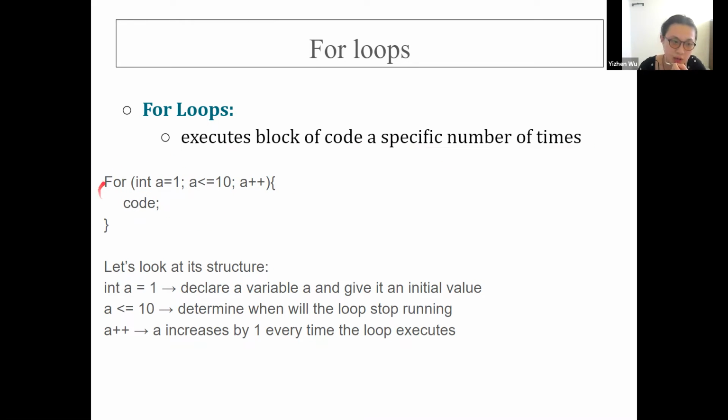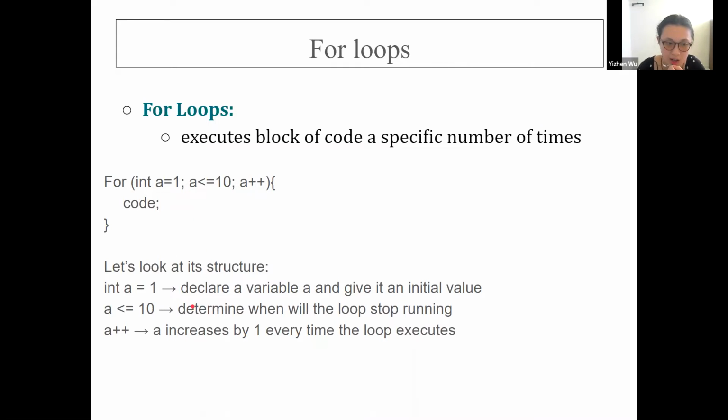For, this is the declaration. You could ignore that for now, but that's declaring that a is an integer. This part would declare a variable and give it an initial value. For example, when you're counting, you can say, I want to count from 1, so this will be 1. And if you want to count from 2, this will be 2.